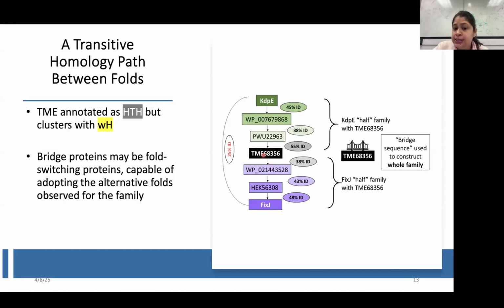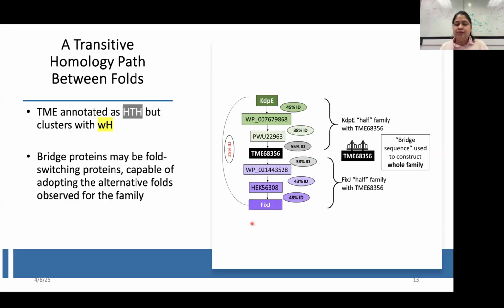In terms of sequence identity, TME 68356 was an interesting protein because this clusters with the KdpE, but it's annotated as a helix-turn-helix. So that makes it interesting that it seems to have characteristics of both families.